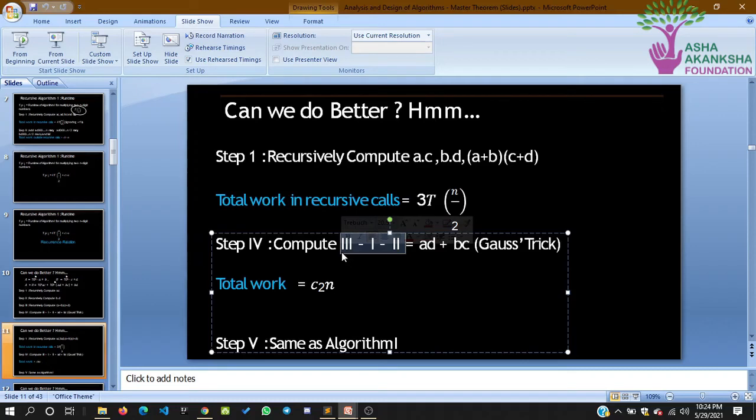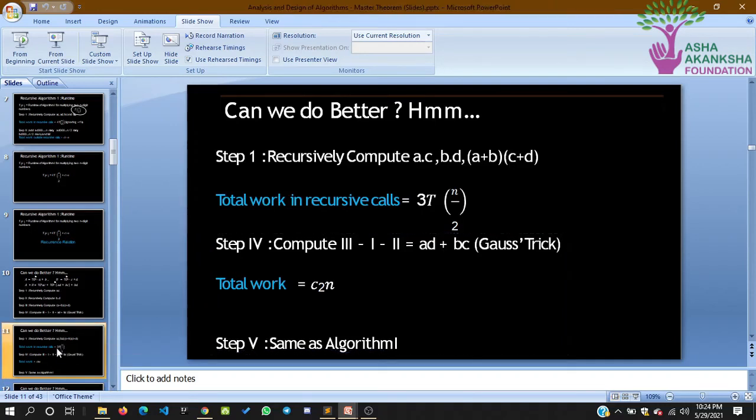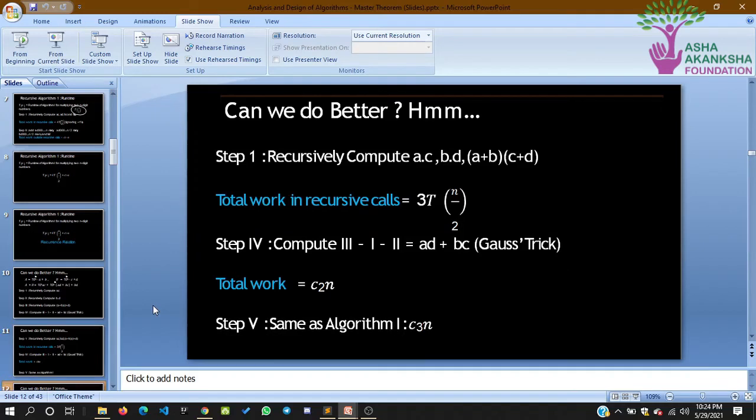You just accommodate everything into C2 to account for anything else that you are not including in the algorithm, and then you just add everything to get the time complexity of the entire thing.